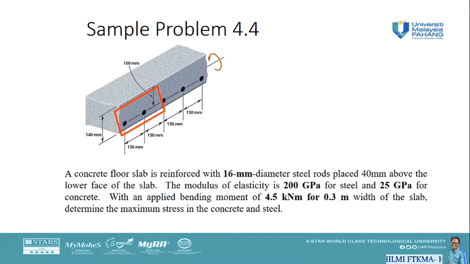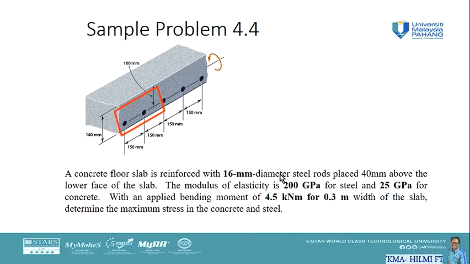So let's take a look at one sample problem. We have a concrete floor slab reinforced with 16 millimeter diameter steel rods, and the steel rods are placed at a distance of 40 millimeter above the lower face of the slab, so 40 millimeter from the bottom. The modulus of elasticity is 200 gigapascal for the steel and 25 gigapascal for the concrete.